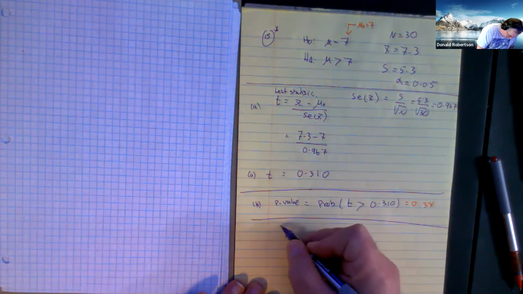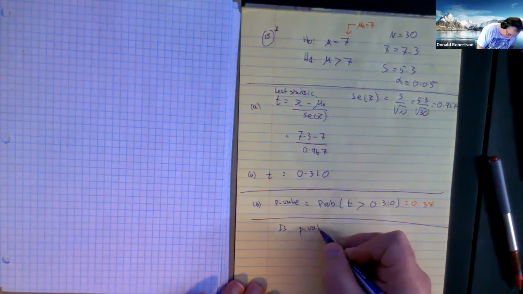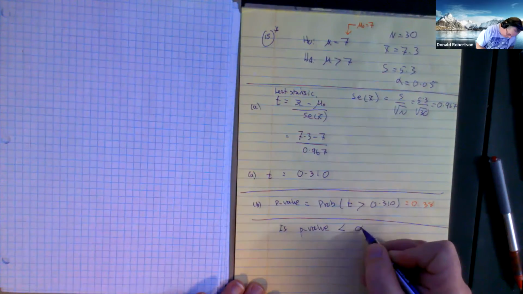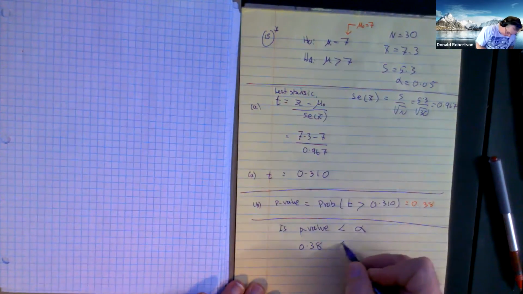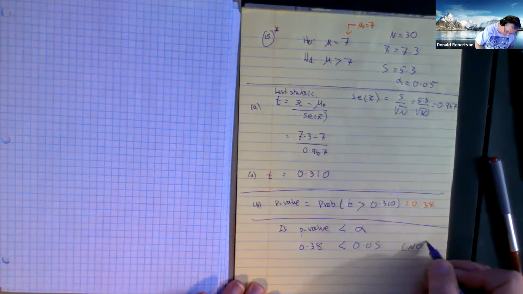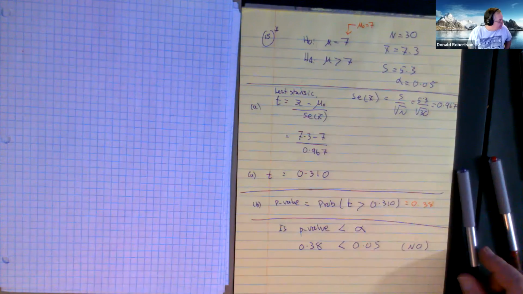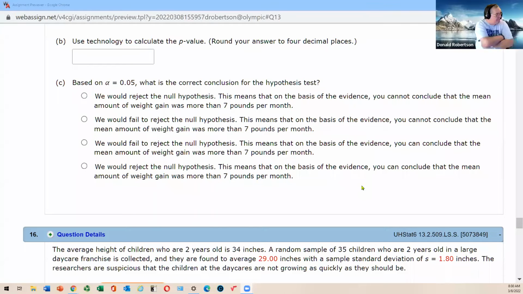Now, let's do our test. Is our p-value less than the significance level of? Is 0.38 less than 0.05? And the answer here is a big fat no. So let's show you the choices that you're going to make based on that.